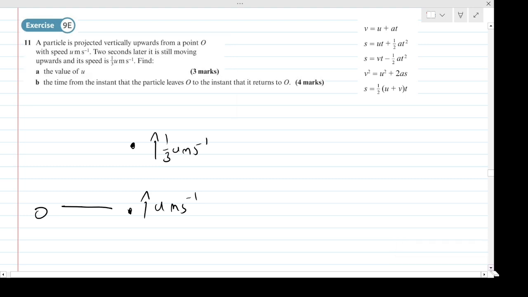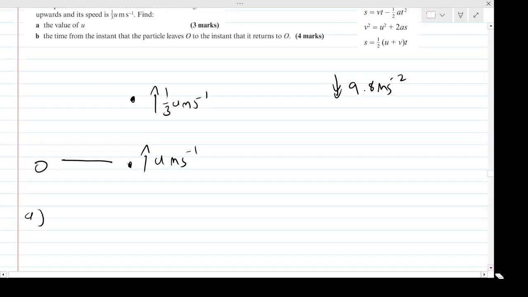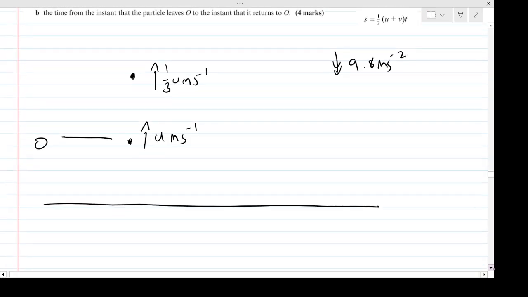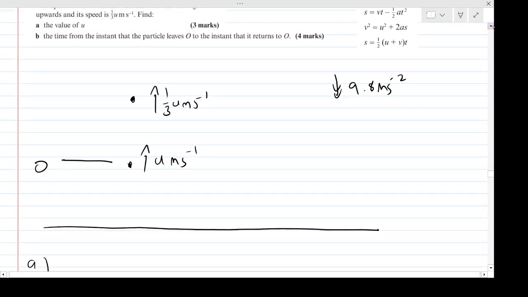Again, we're going to have acceleration, gravity going down, so 9.8 downwards. We need to find the value of u, firstly. I'm going to draw a ground level as well. I don't need to, but I'm going to. So part A, we need to find the value of u.